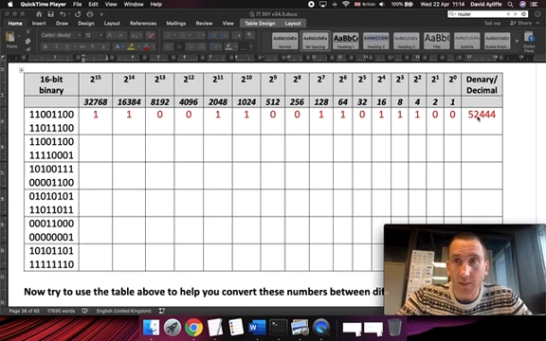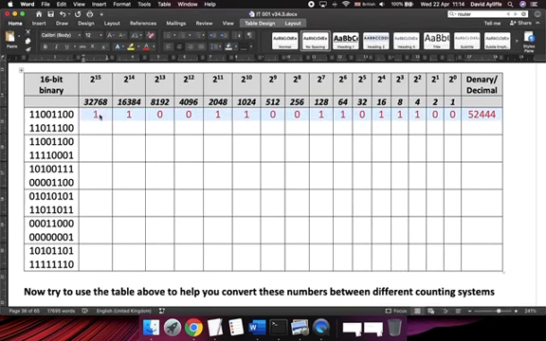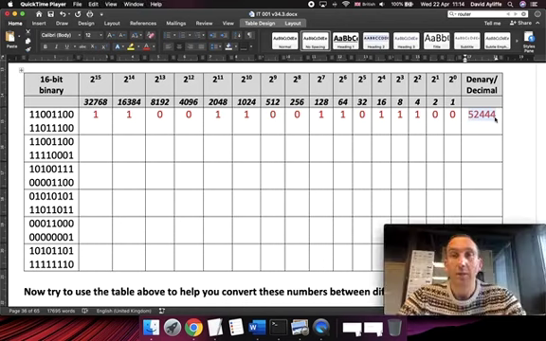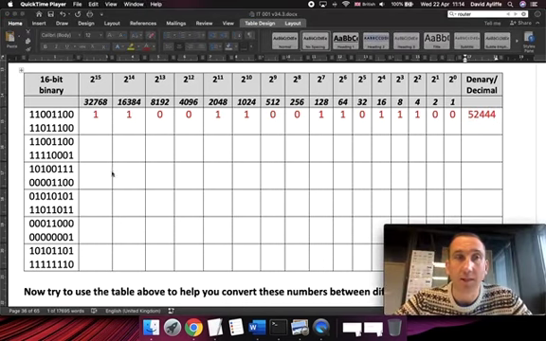If we add all of these up, it comes out as decimal 52,444. It's just a case of adding 32,768 plus 16,384 plus 2048 plus 1024 plus 128 plus 64 plus 16 plus 8 plus 4 gives us the decimal answer.